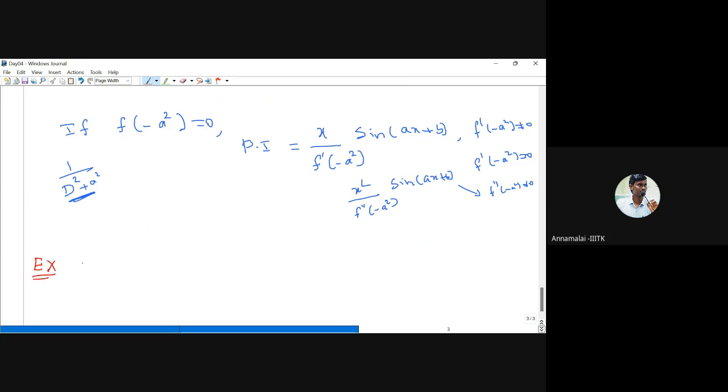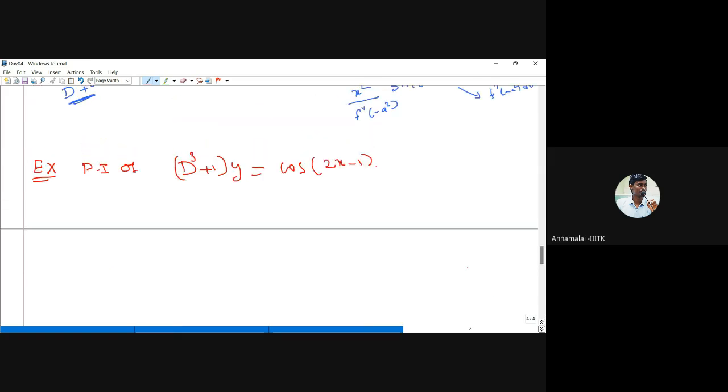Now find the particular integral of the equation (D cube plus 1) y equal to cos of 2x minus 1. So here a is 2, b is 1. Now what is f of D? f of D is nothing but D cube plus 1.